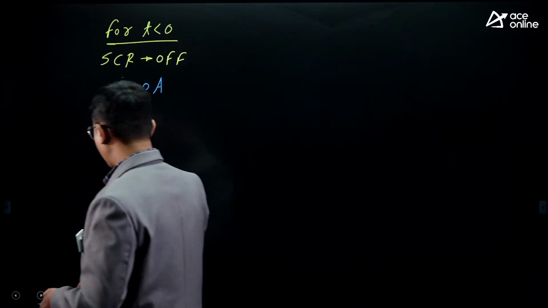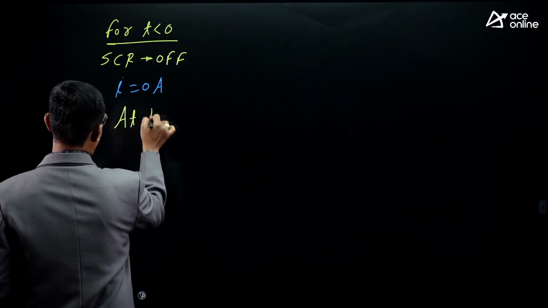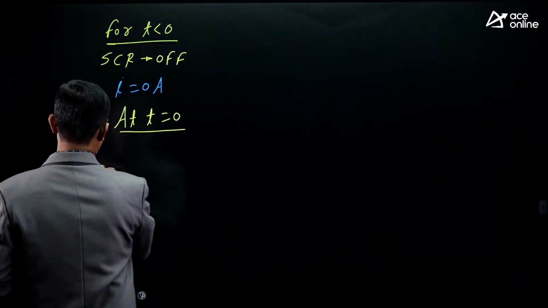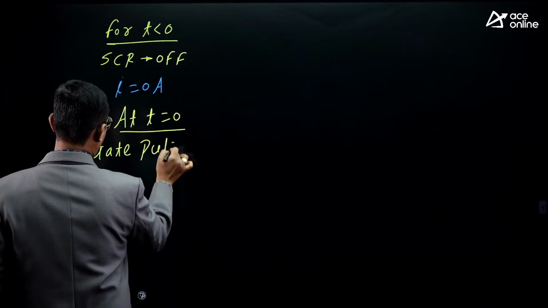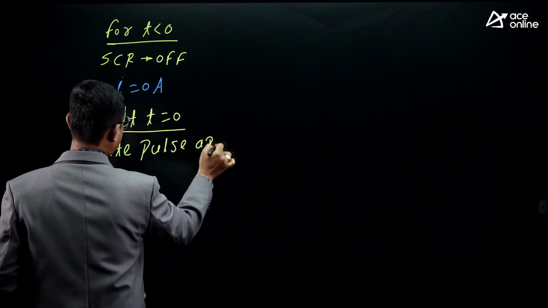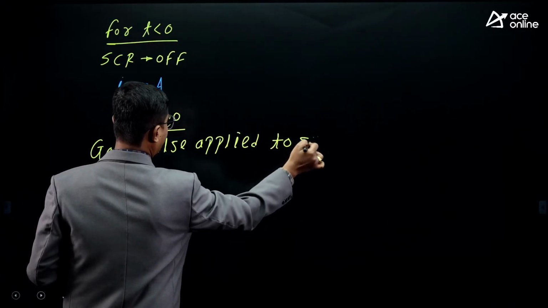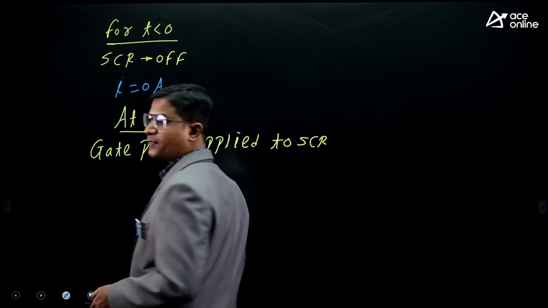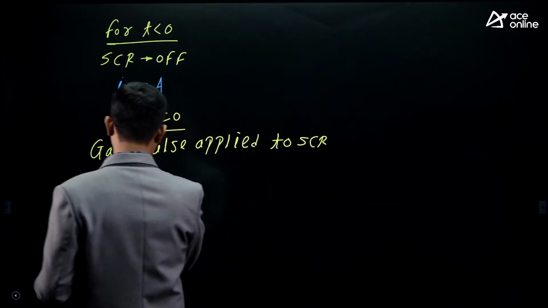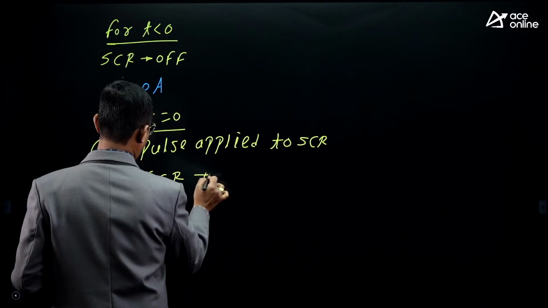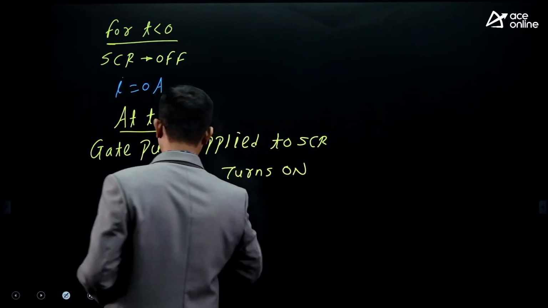At t equal to 0, a gate pulse is applied to the SCR. If we apply the gate pulse to the SCR, definitely our SCR will turn on. So the SCR turns on.